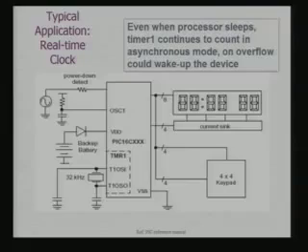The moment I put the processor to sleep, I am saving energy. And since it is an asynchronous clock, it can operate from an external clock signal. So the timer continues to count, and when it overflows, it wakes up the processor.